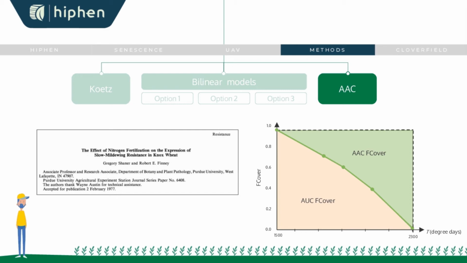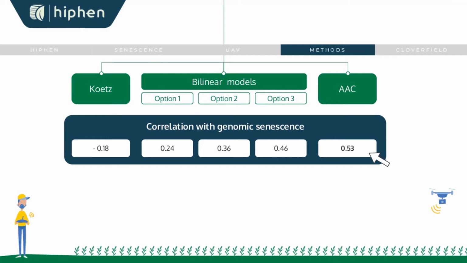In order to have something that correlates more with our perception of senescence, we normalized it, and then took the area above the curve, to have something that increases when the plant is more senescent. We will show you the curves just after that.